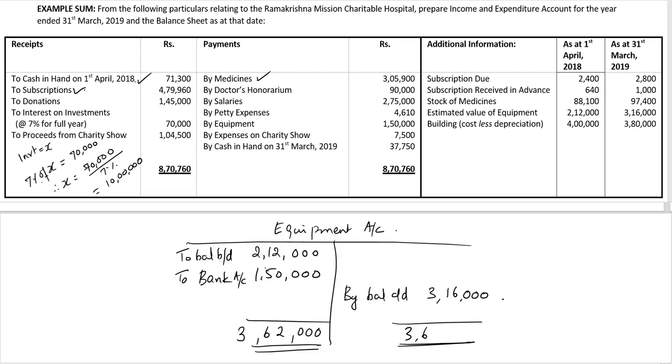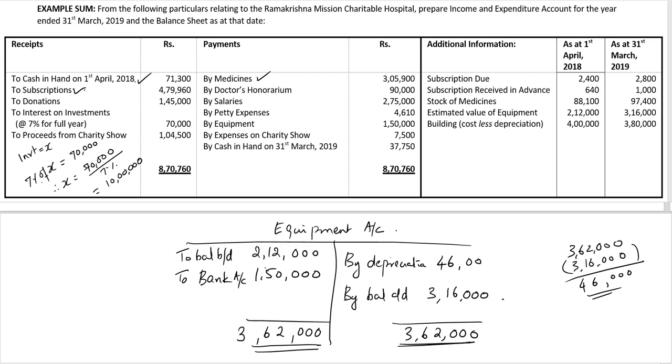The greater total 3,62,000 rupees, and by depreciation, 3,62,000 rupees minus 3,16,000 rupees, we get 46,000 rupees as depreciation on equipment, and this needs to be taken to the expenditure side of the income and expenditure account.